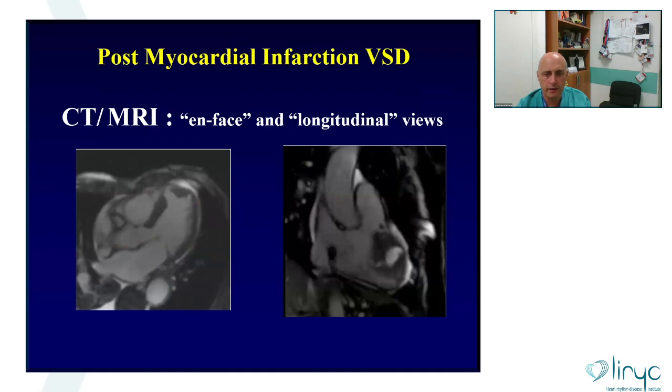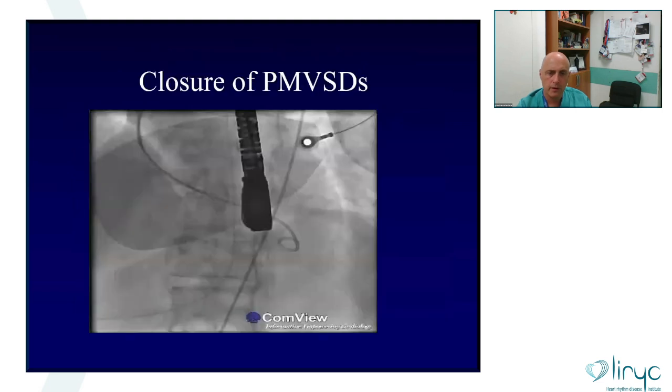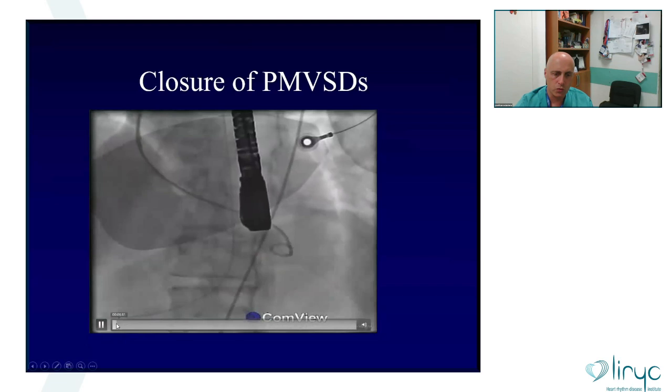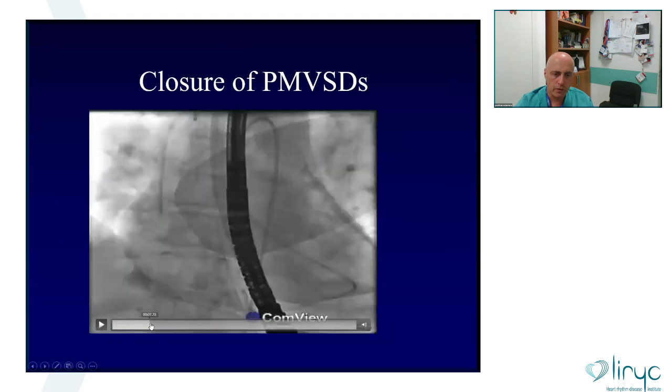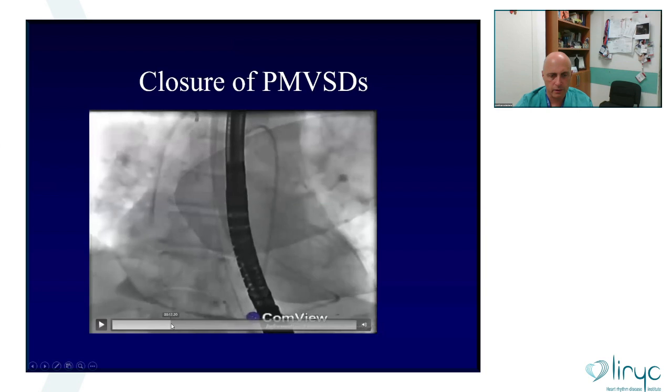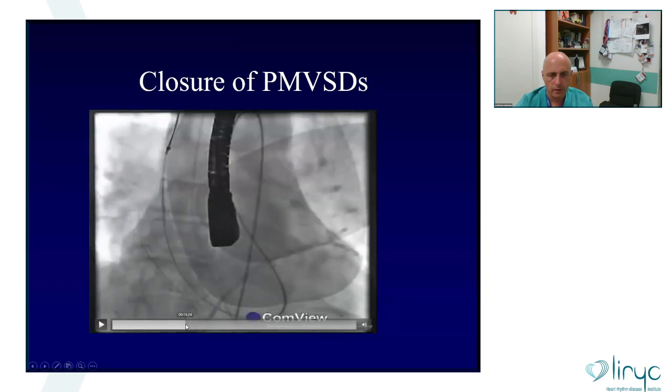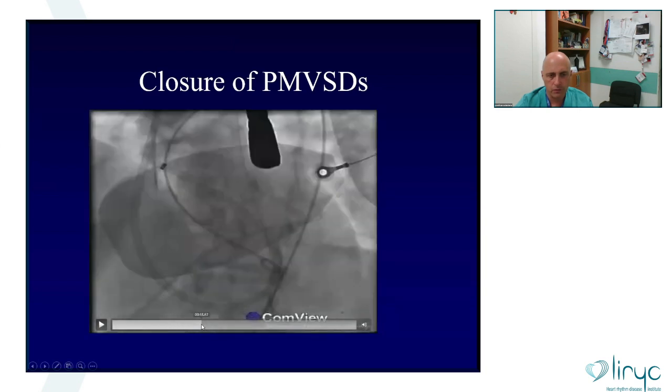CT and MRI can give us some details about the anatomy and the course of the defect.